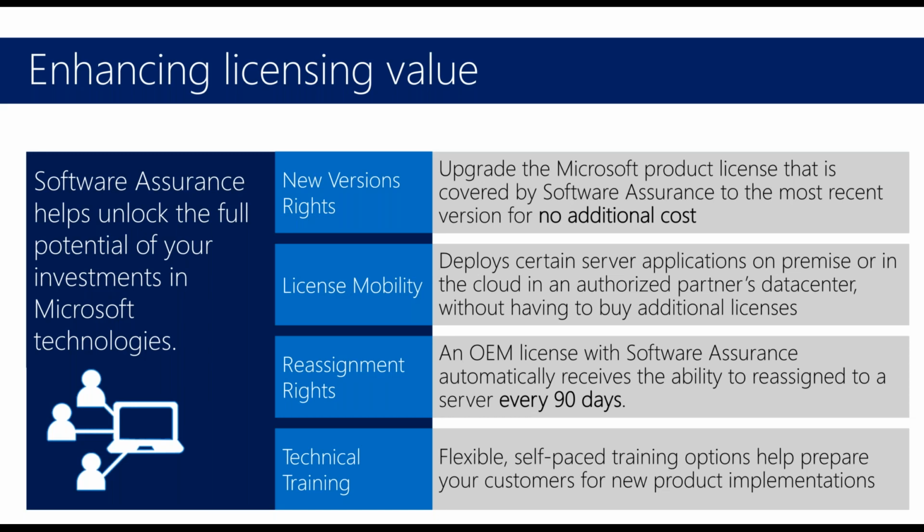So when you purchase the software assurance, you get reassignment rights every 90 days, as we have with the VoIP license, which means that you can move a license from one server to another every 90 days. You also get technical training directly from Microsoft.